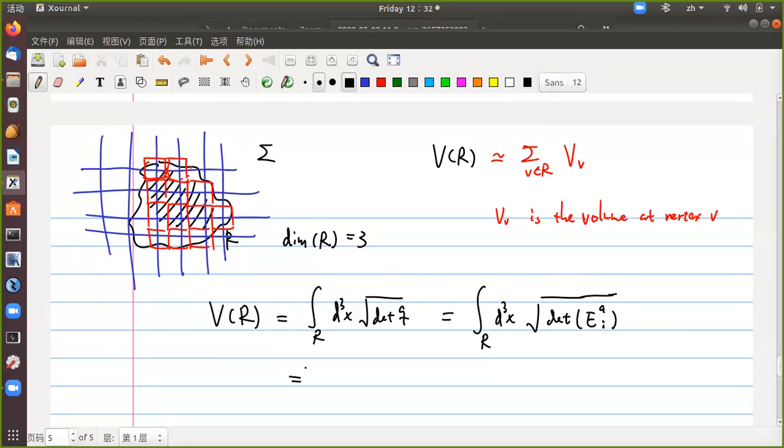And then you can write this determinant more explicitly.